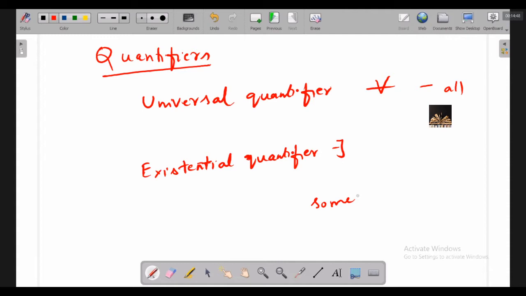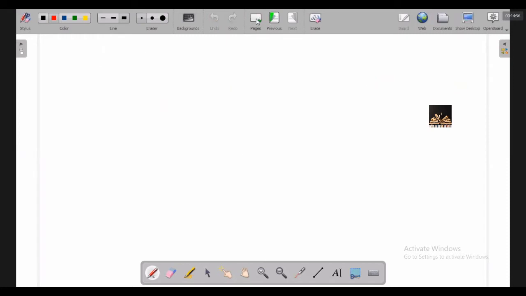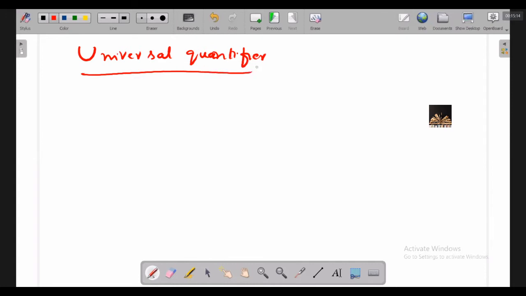First, let's see the universal quantifier. The universal quantifier symbol is "for all."